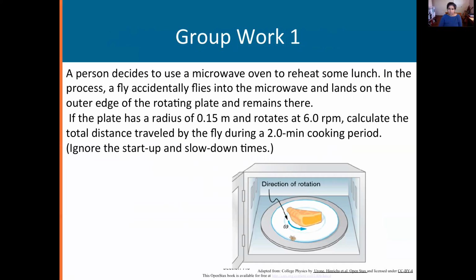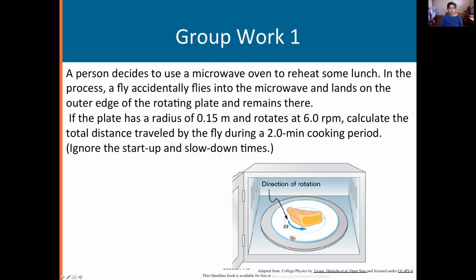So let's do a simple problem on this. Let's say a person decides to use a microwave oven to reheat some lunch. There's their lunch, he's reheating it. In the process, a fly accidentally flies into the microwave and lands on the outer edge of the rotating plate.